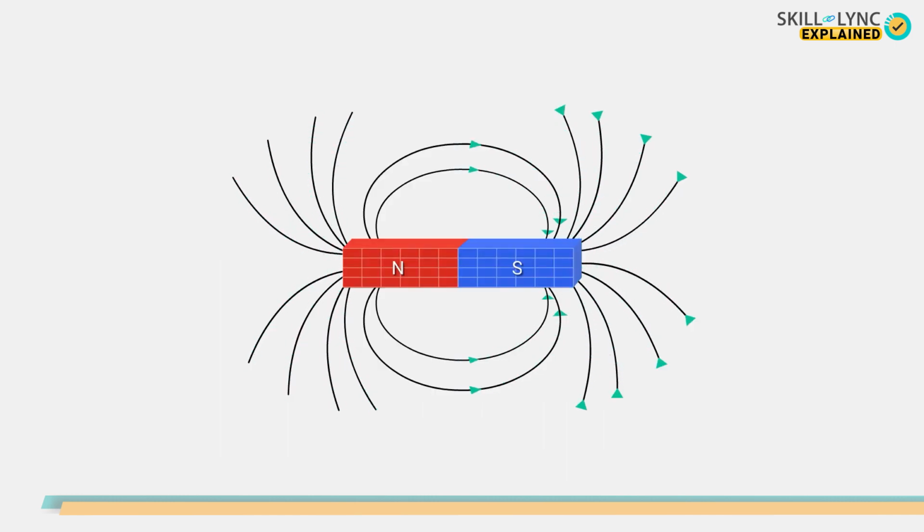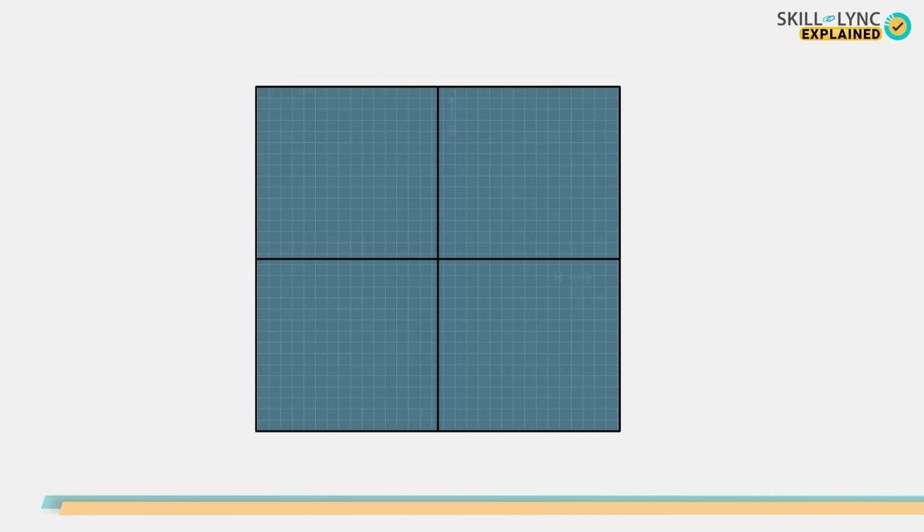As said, an applied magnetic field induces magnetism in the material. The strength of the magnetic field is expressed as field strength, denoted by H, and the induced magnetism in the material is expressed as flux density, denoted by B. Let's plot these values in a graph.